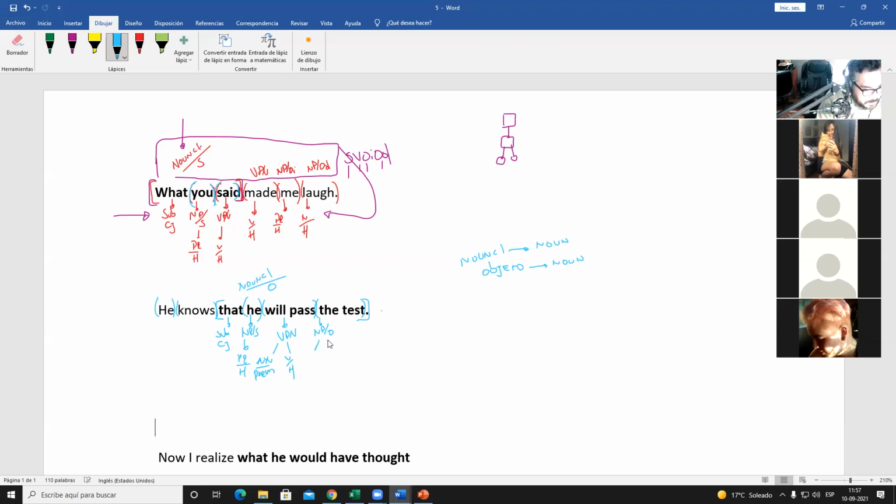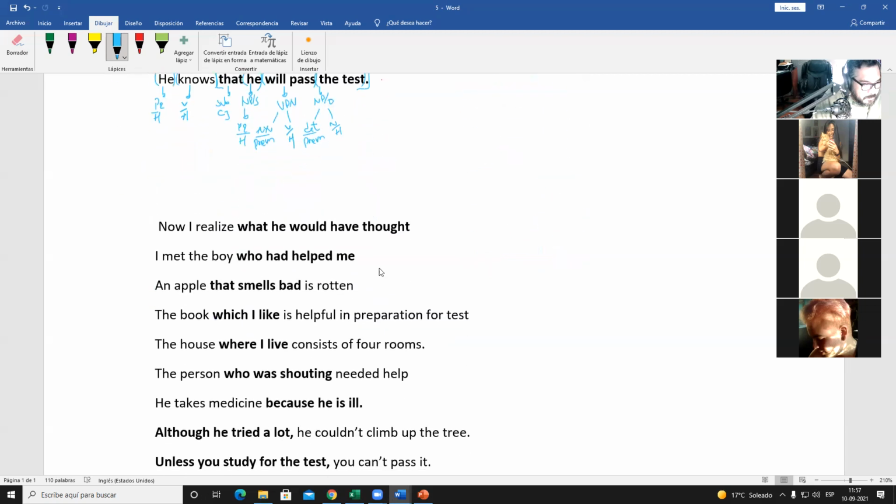Y aquí hay dos cosas: un determiner, pre-modifier, y un noun head. Esta es la verb phrase verb y esta es la noun phrase subject. Este es un pronoun head y esto es un verb head. Sigo.